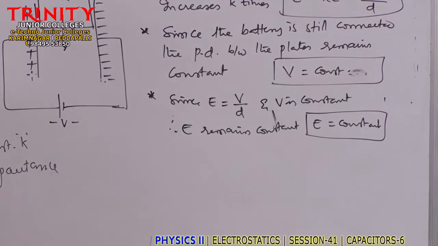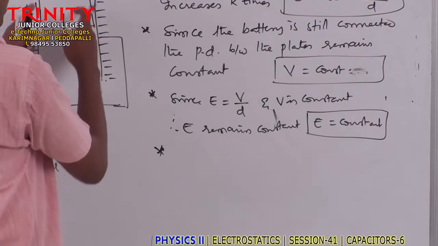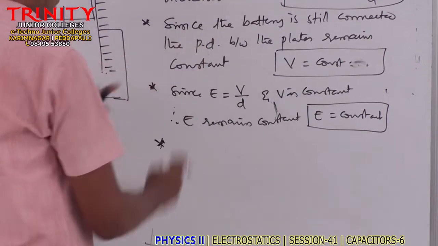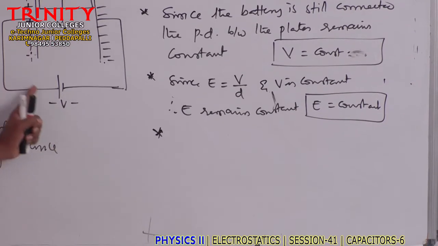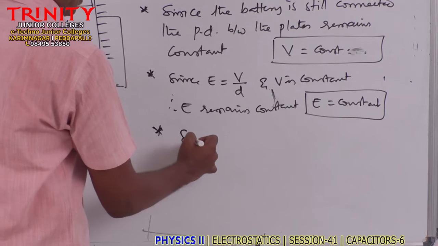But since the dielectric slab is placed here, the capacitance increases. Since the capacitance increases, the battery can place more charge on the capacitor plates. Let me write that also.